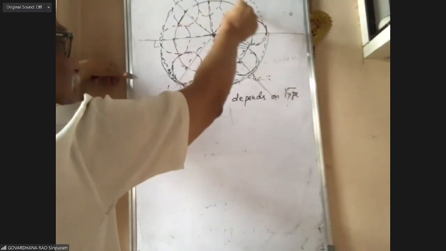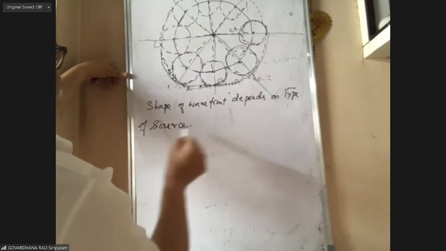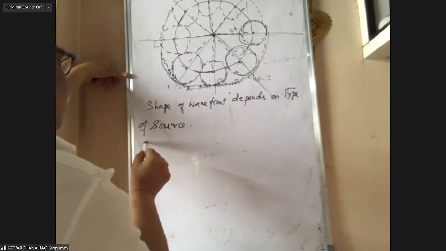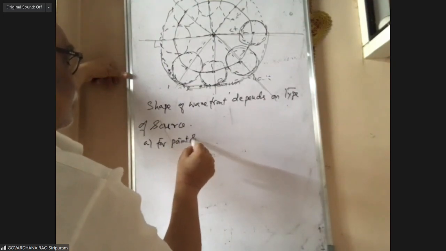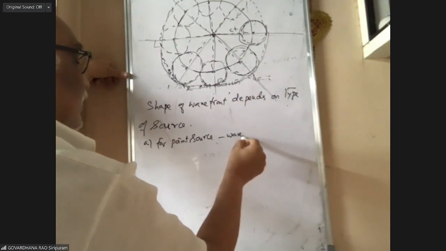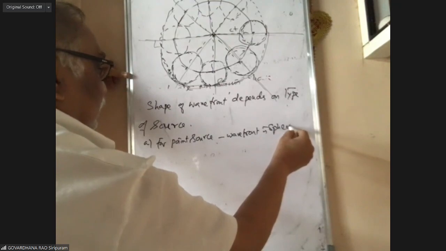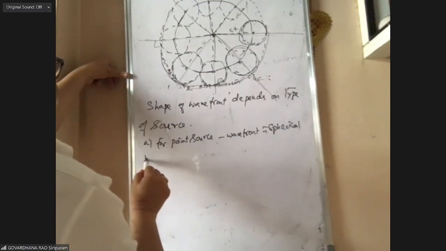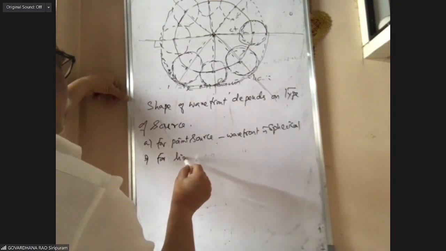What is the shape of this wavefront? Sphere, correct? So for point source, wavefront is how? Spherical. For line source.